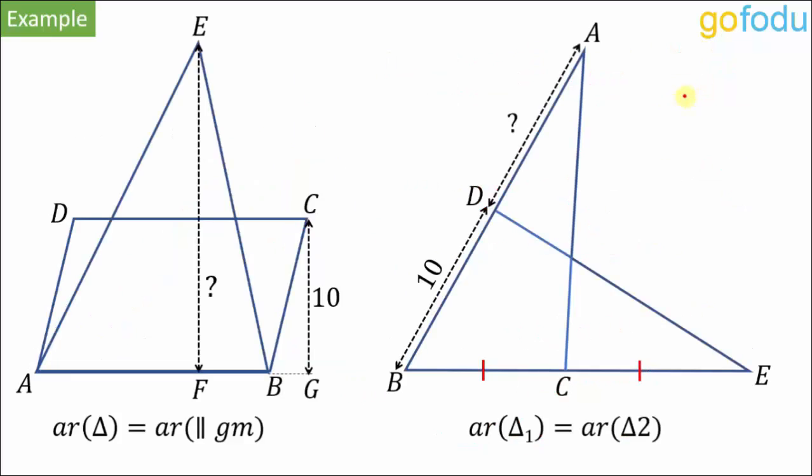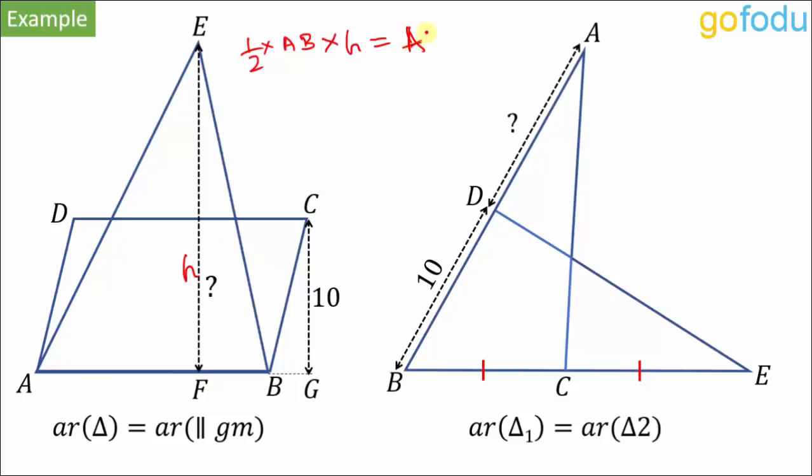One last question, actually two last questions. We have two questions here and they are pretty easy. Area of the triangle is equal to the area of the parallelogram and they both are on the same base. Area of the triangle is half base, that is AB, into the height that we have to calculate, and this is equal to the area of the parallelogram, which is base into height.